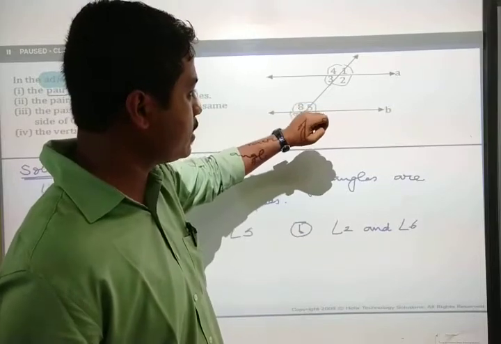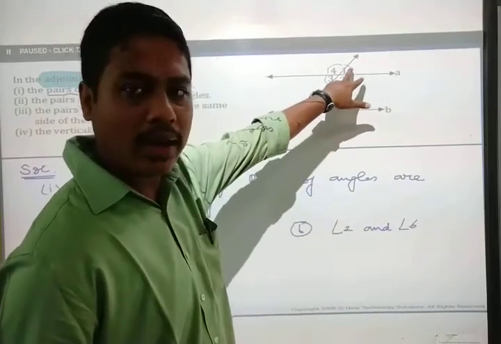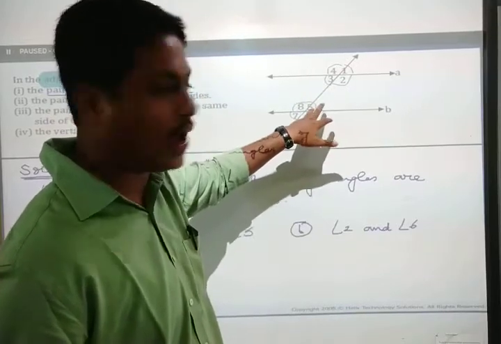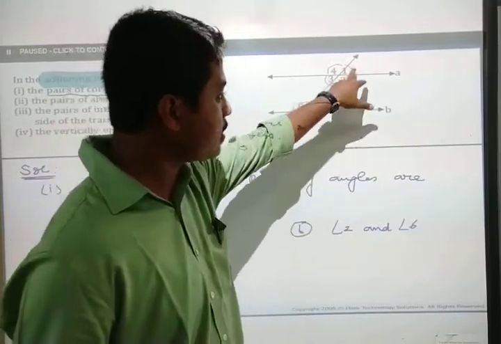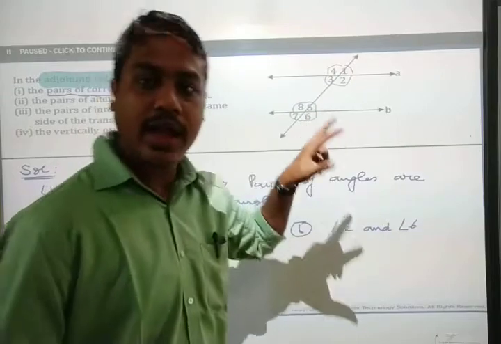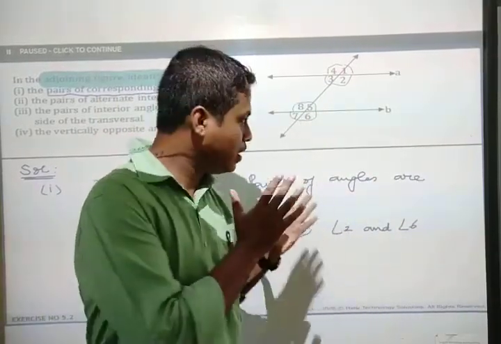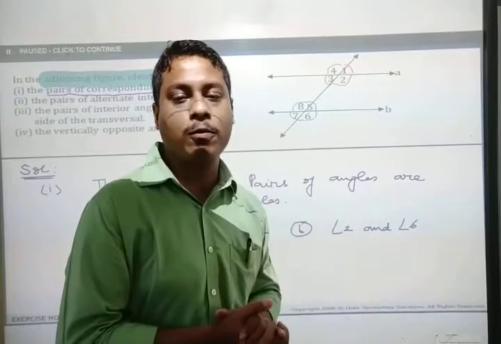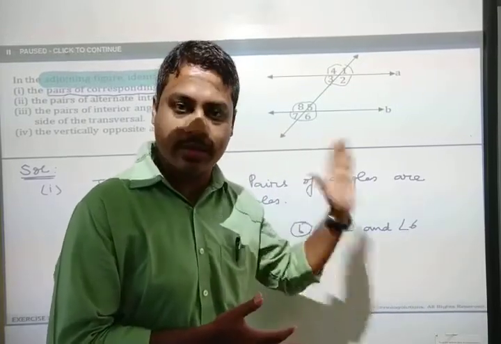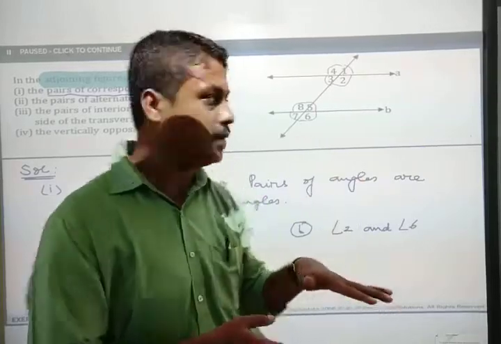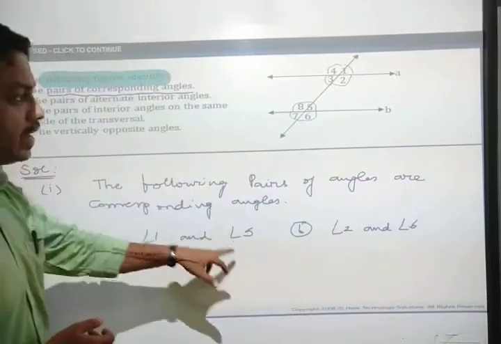So here, if I consider angle 1 is an exterior angle, and angle 5 is interior, we can consider angle 1 and angle 5 as corresponding angles because it follows the corresponding angle property. That means it should be on the same side of the transversal and one should be interior, the other should be exterior. So one pair is angle 1 and angle 5.